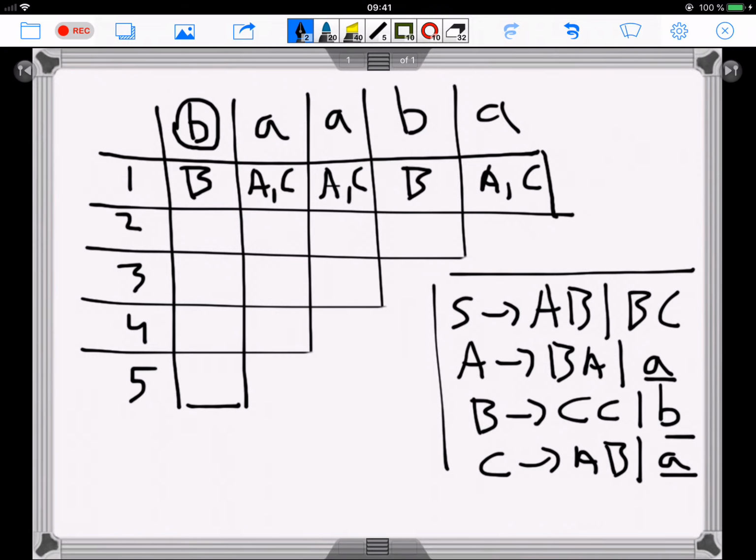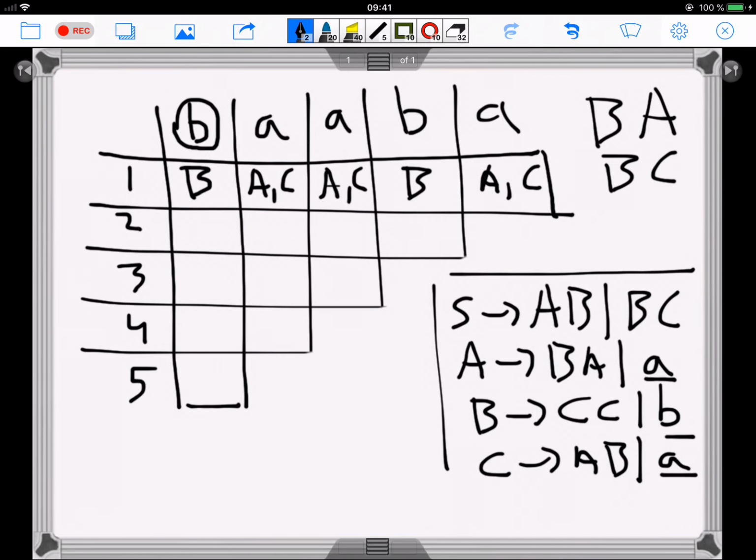Now, for the second row, remember that we need to consider these variables together with these variables. So we are looking for variables that generate either B together with A or B together with C, in that order, okay?